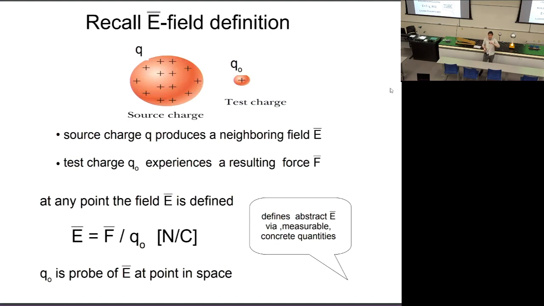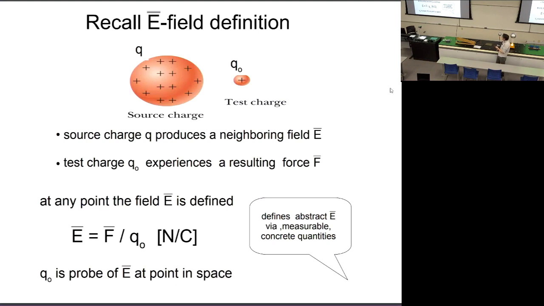We put the test charge nearby the source charge, in the electrical field of the source charge, and knowing the charge on the test charge, we called it Q naught, and measuring the force on the test charge, we call it F, the electrical force, we were able to define the electrical field at the location of the test charge. We did it with this equation here. This was the field equation.